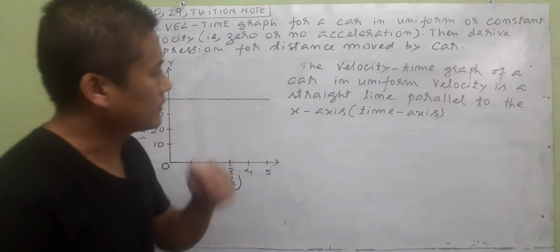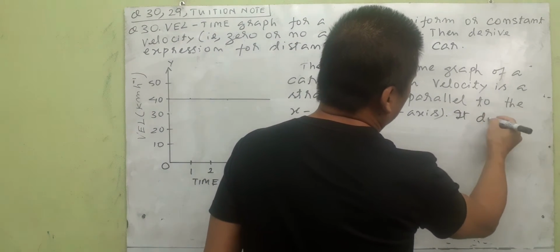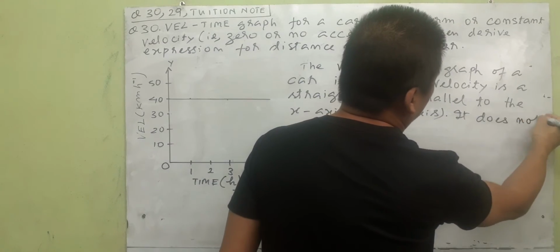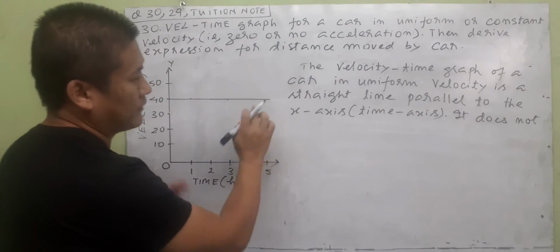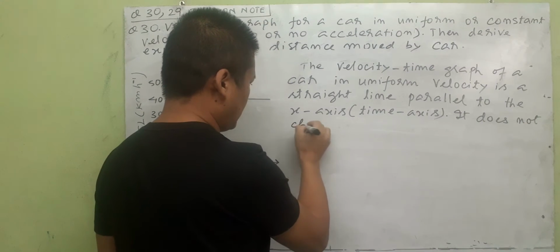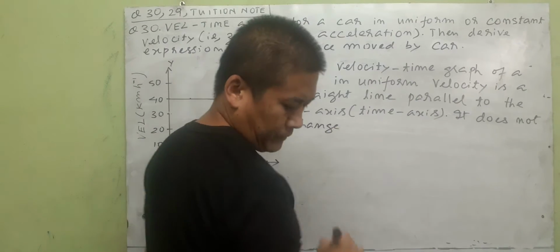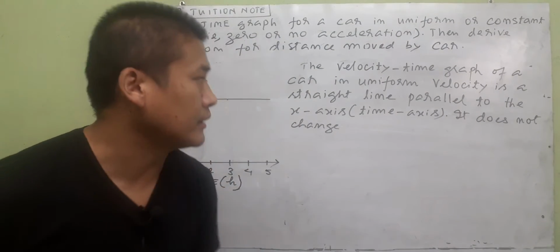Now it does not change, means the graph is this line here, line parallel to x-axis, this graph does not change, okay, its height does not change.